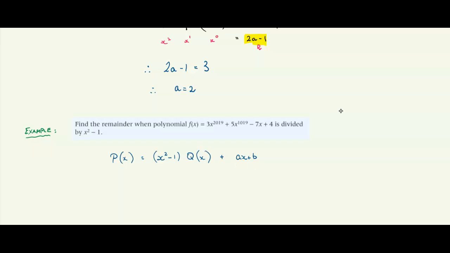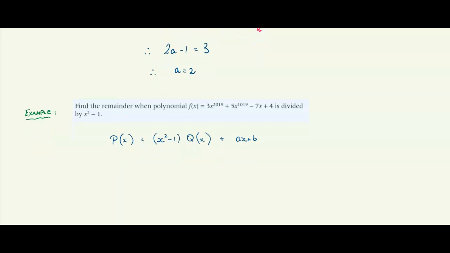What we're going to do is use our zeroed result from our remainder theorem and put it to use here. There are two values of x that will just leave me with my remainder of ax plus b, and that's x equals 1 and x equals -1.